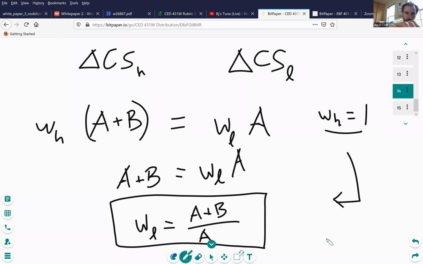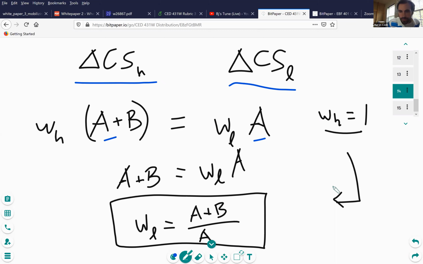So now we have the change in consumer surplus for high income individuals or households. That was determined to be A plus B according to that conceptual diagram. The change in consumer surplus to low income individuals was found to be A in that conceptual diagram.